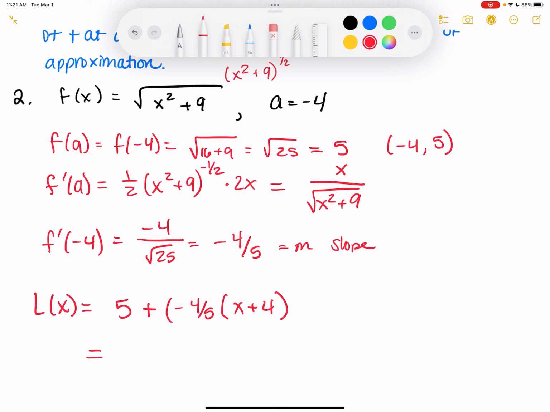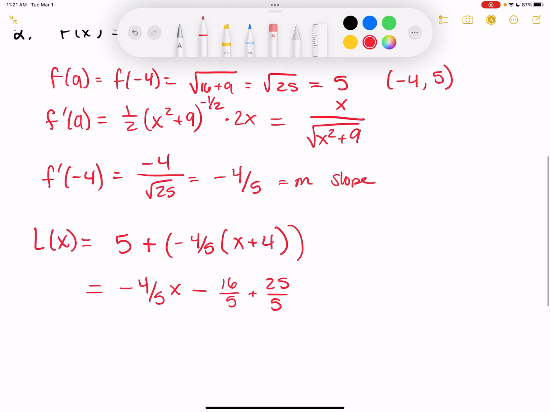Then this is equal to negative 4/5 x minus 16/5, and I'm going to make this 5 be 25 over 5.